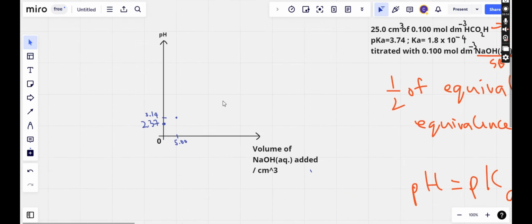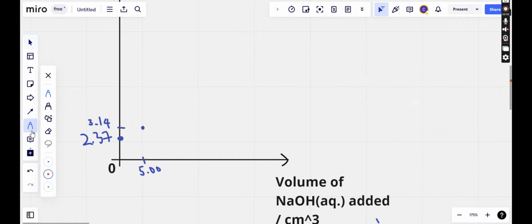Then go back to our graph. Okay, this graph is going to be very disproportionate. 3.74, so this here. And just like that, we just draw a dot.